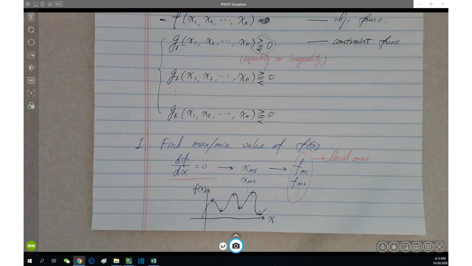That's what we learned from the math class. And how to find the global one? Anyone knows? How to find the global one?